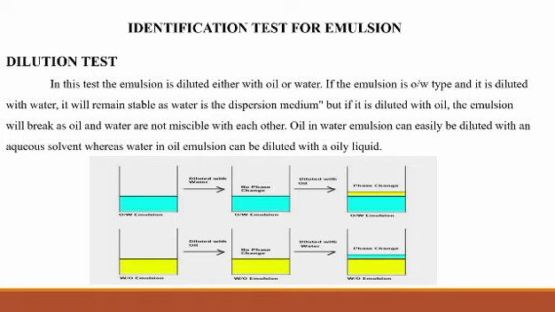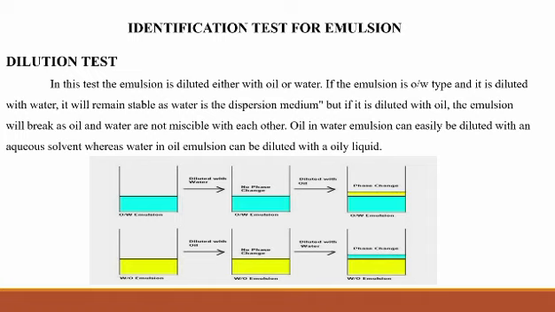If we go to the next picture, we can see that first we are taking a water in oil emulsion. Next we dilute it with oil. If we are diluting it with oil, we can easily identify that there will be no change in the phase. It will be the same as the water in oil emulsion, and it is stable.